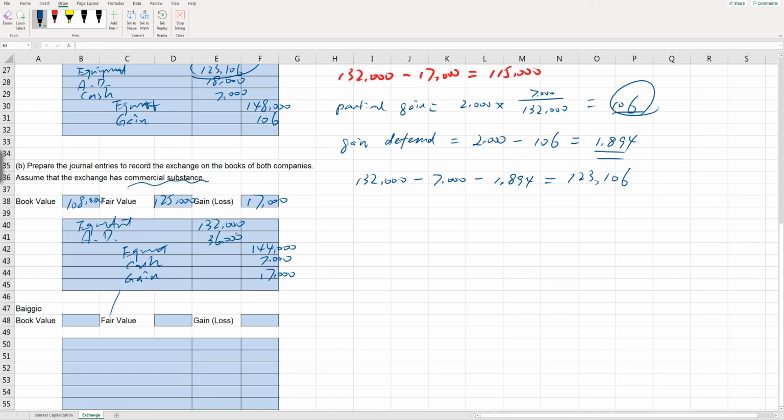All right, total debits equals total credits. We finished this. Okay, so I'm going to go through bad deals. Again, all the gains will be recognized. All right, if we have loss situations, that's much easier because no matter whether we have commercial substance or not, loss is always recognized. Always.